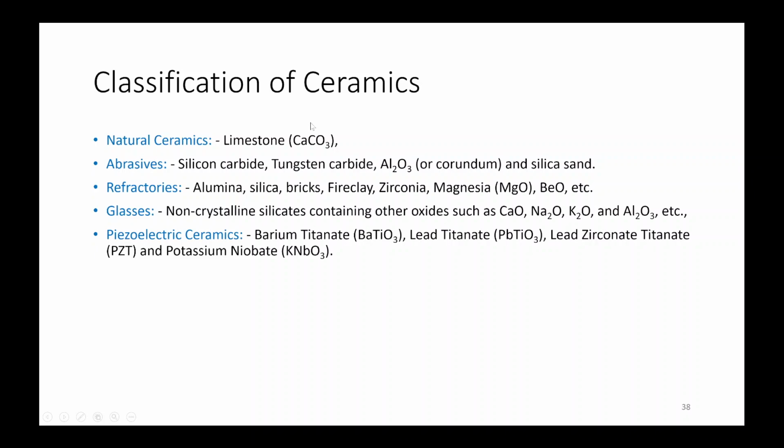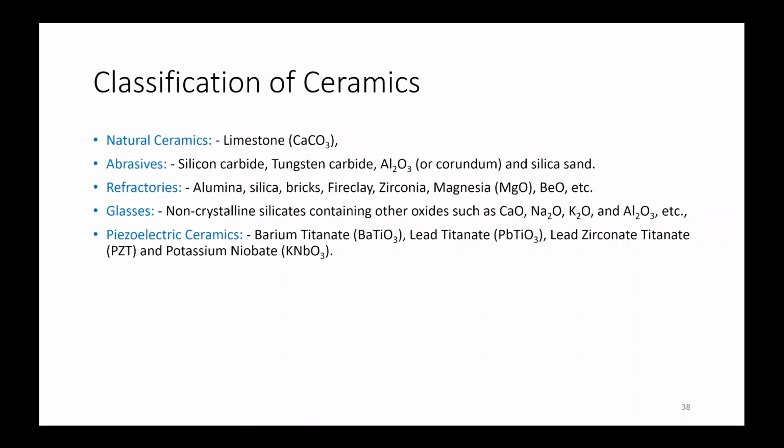Now, classification of ceramics. Ceramics can be natural, such as limestone. They can be abrasive, such as silicon carbide, tungsten carbide, Al2O3 which is corundum, and silica sand. These all have abrasive properties.